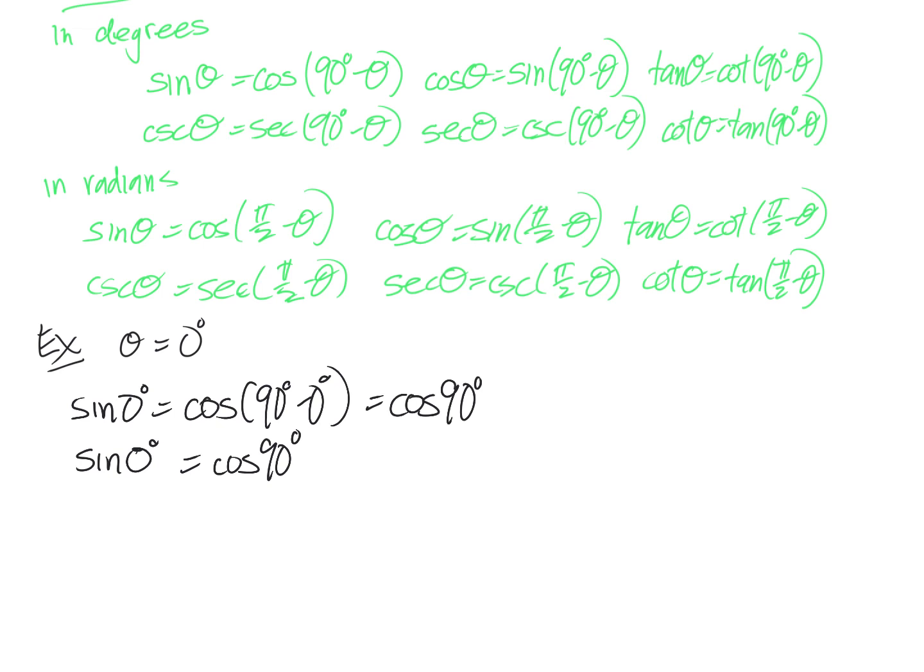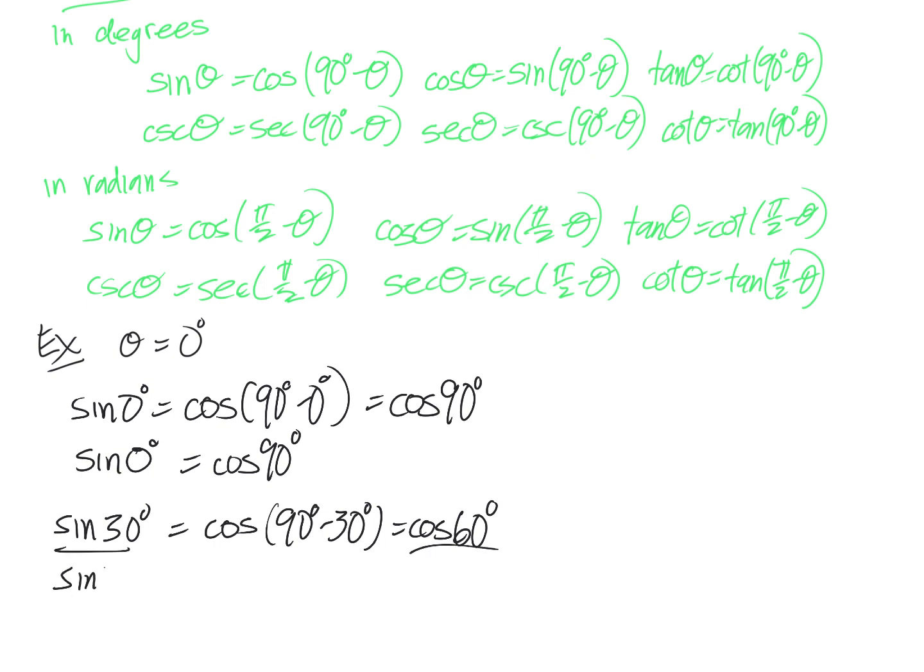Similarly, let's do 30 degrees first. That would be cosine of 90 minus 30, which would give us cosine of 60 degrees. So sine of 30 is cosine 60. Sine of 45 degrees would be cosine of 90 degrees minus 45 degrees, which gives us cosine of 45 degrees.